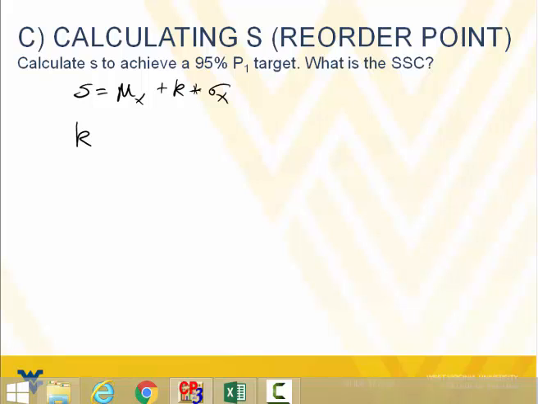Because the first time we got K from the reorder point that they were using, right? So now we have a new reorder point, so how do we calculate K for the new reorder point? Yeah, so K is the inverse CDF of the standardized lead time demand distribution, right?